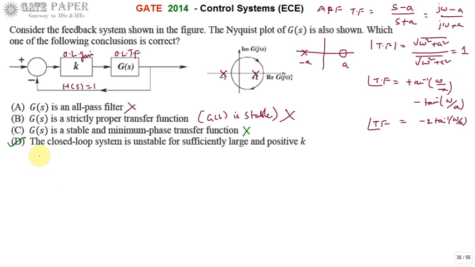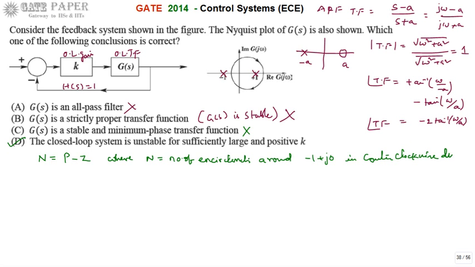Nyquist criteria says that N is equal to P minus Z, where N is the number of encirclements around minus 1 plus j0, because we are dealing with G of j omega, in the counterclockwise direction.